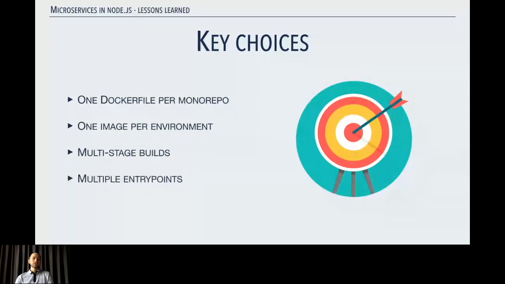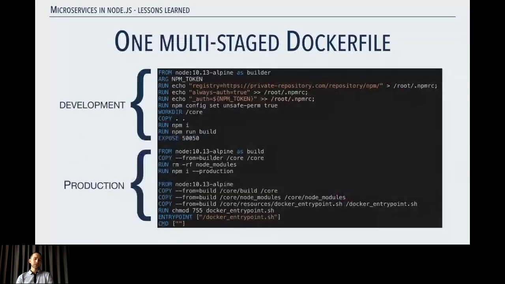And to run many different microservices from that one Docker image, we need to use something called entry points of Docker images. Yeah, and the Dockerfile, which gives us that opportunity, might look something like this.